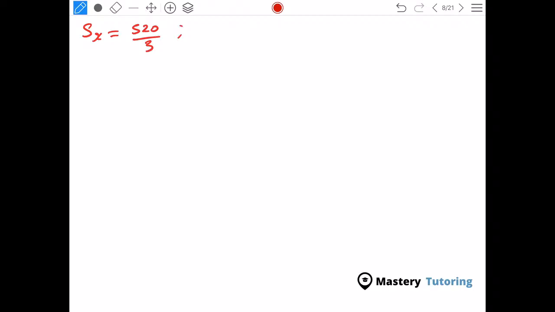And then we also know that A, which is term number 1, is 72. We know that r is equal to 2 over 3. And then we can substitute, but also note that n is equal to x in this case.